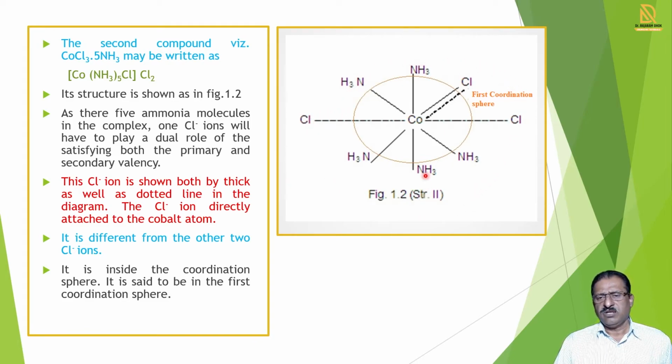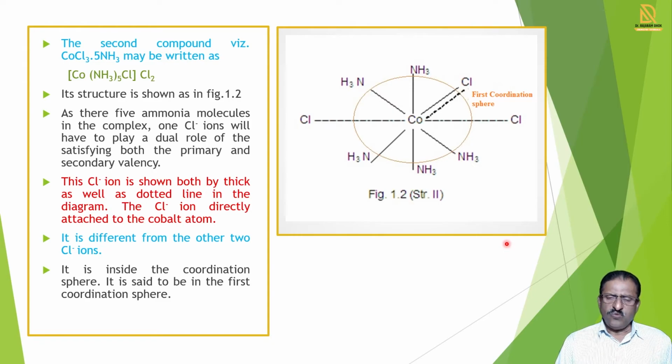Now you see here, this cobalt satisfies its secondary valency and primary valency. Secondary valency is satisfied by 5NH3 and 1 Cl, and primary valency is satisfied by Cl. Out of that, 2 Cl are in the second coordination sphere and 1 Cl is in the first coordination sphere.